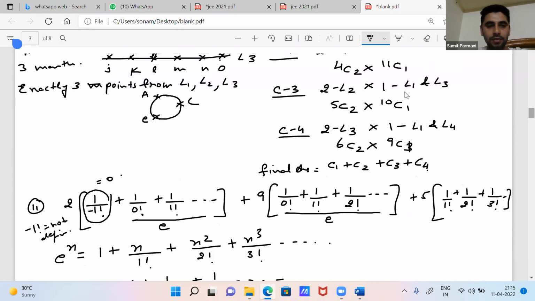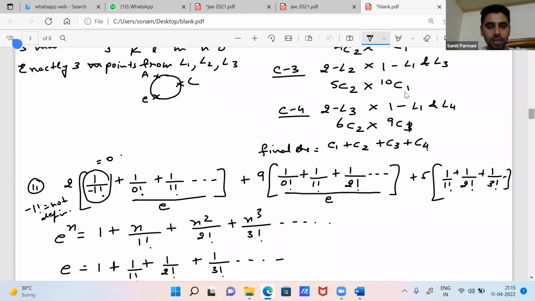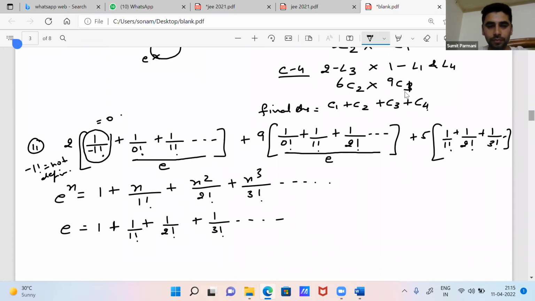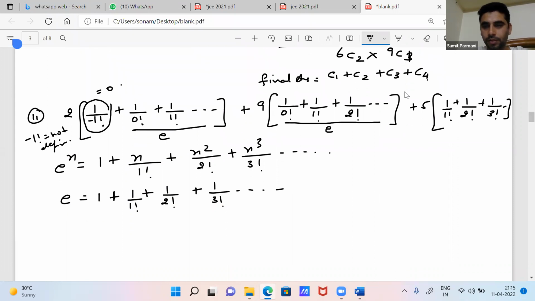So this is not e. For making e, we have to add 1 and we have to subtract 1. So this is e minus 1. So finally, we have 2 times e plus 9 times e plus 5 times e minus 1.